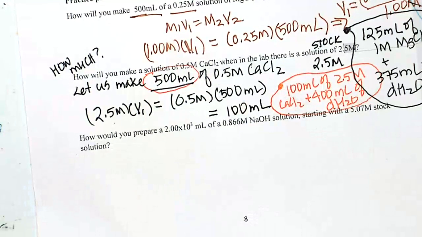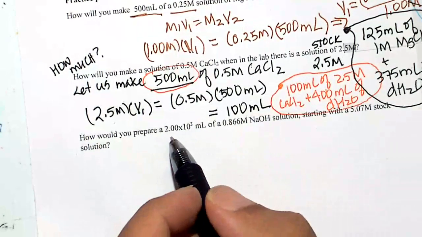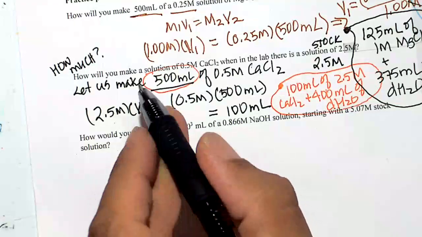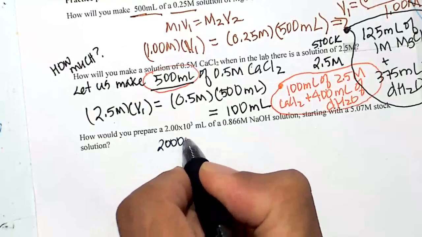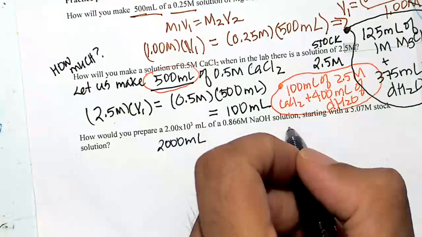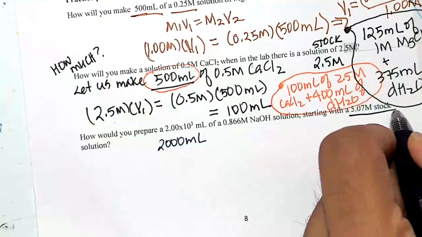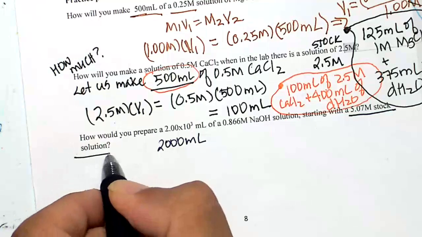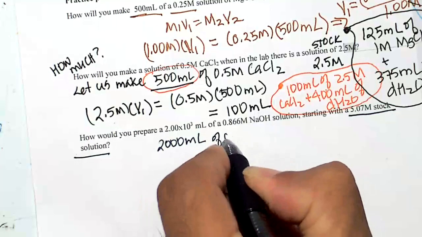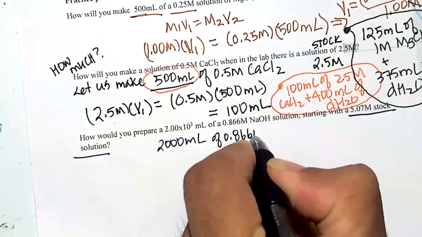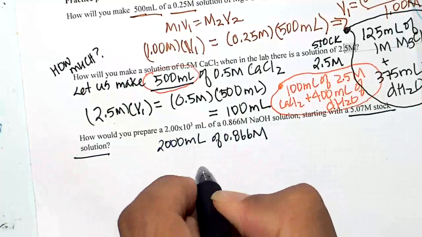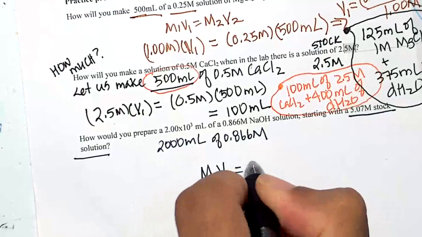Our last problem for this chapter. How would you prepare 2 times 10 to the 3 mLs, 2,000 mLs of 0.866 molar sodium hydroxide solution, starting with a 5.07 molar stock solution? Okay, so how will we prepare 2,000 mLs of 0.866 molar NaOH, and our stock is 5.07. Okay, so this should be straightforward.